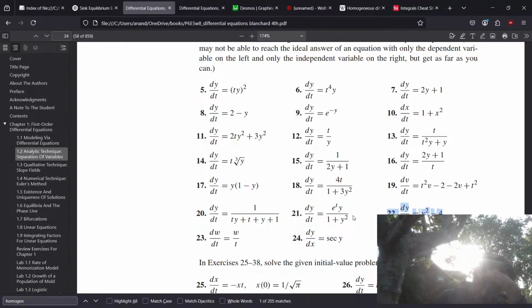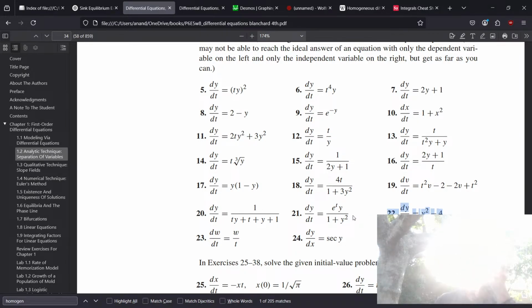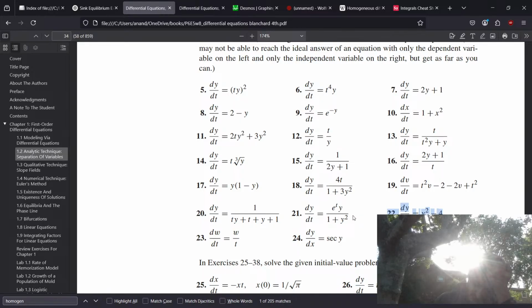It's just going to be a minus ln of 2 minus y, and then it's going to be t plus c. So then we're going to get e to the minus t, and c e to the minus t is equal to 2 minus y. So then we should get y is equal to c e to the minus t plus 2.